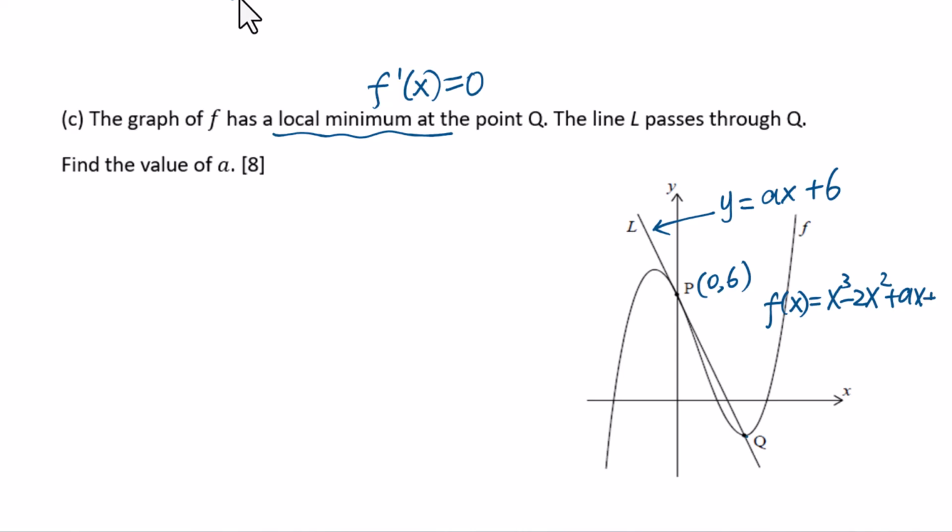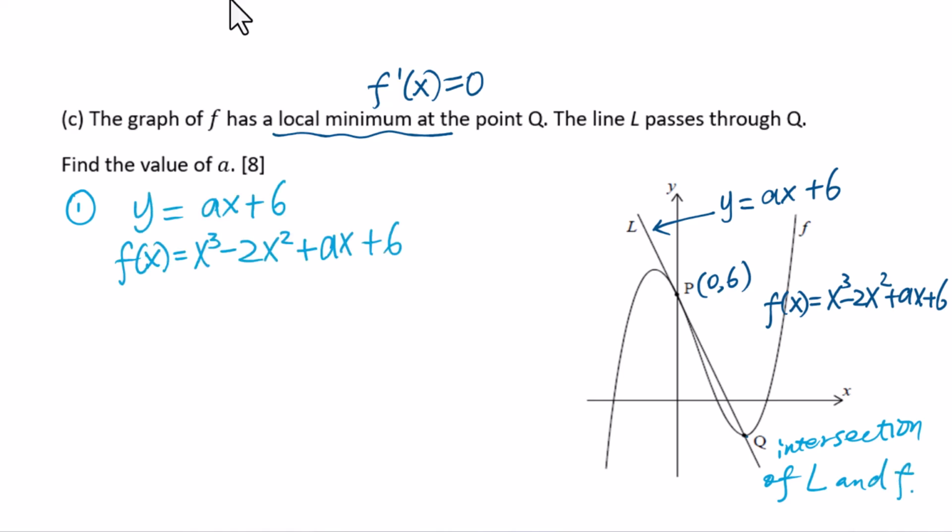plus 6. Since Q is the intersection of L and f, we will set these two functions equal to each other.